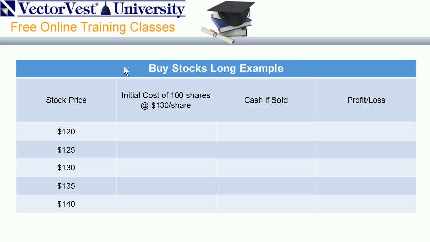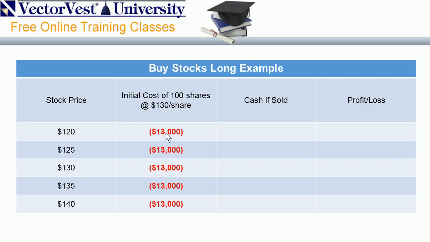So let's take a look on a table here, the examples we just walked through of buying stocks. On the left here, this is kind of the what if chart. What if Apple were to rise or fall? We're going to fill in our initial cost. Again, we were using $130 per share as our cost basis. That's not going to change.